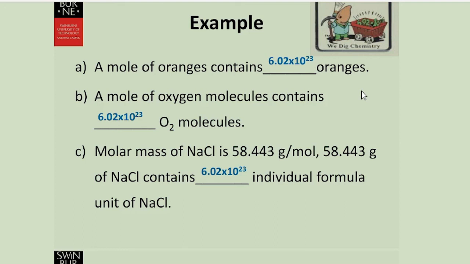This is just a number to express a group or unit.